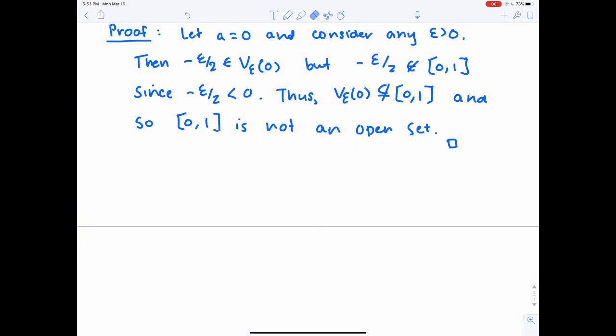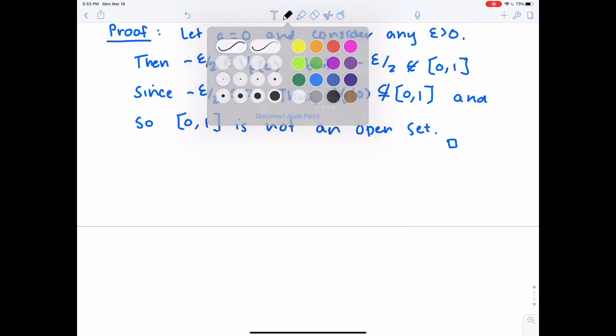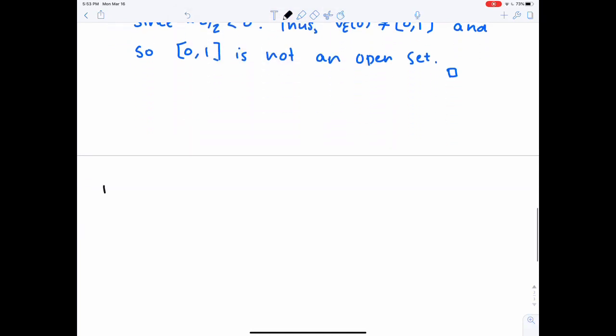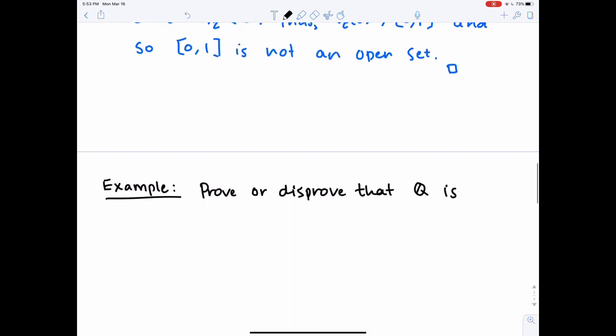So let's see if we can answer a more difficult question. Let's look at another example. I want you to prove or disprove that the rationals Q is an open set.